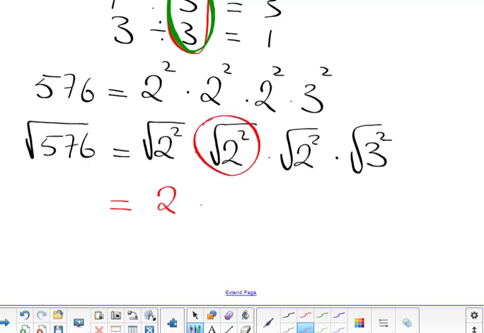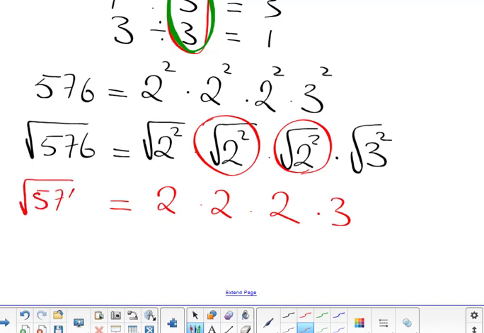Again, square root of 2 to the power of 2 is 2, 2 for this one here, and finally square root of 3 to the power of 2 is 3. And so we have the square root of 576 is equal to the product of all of these. 2 times 2 is 4, times 2 is 8, times 3 is 24. So there it is.